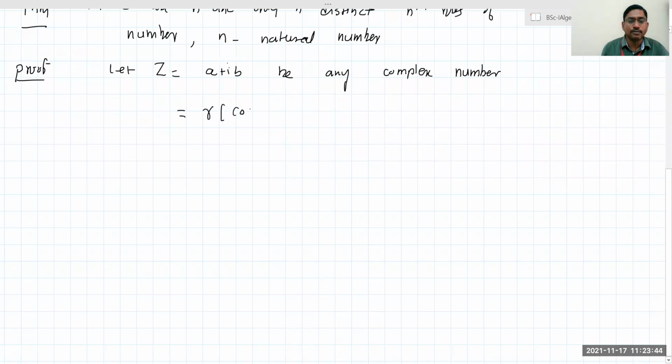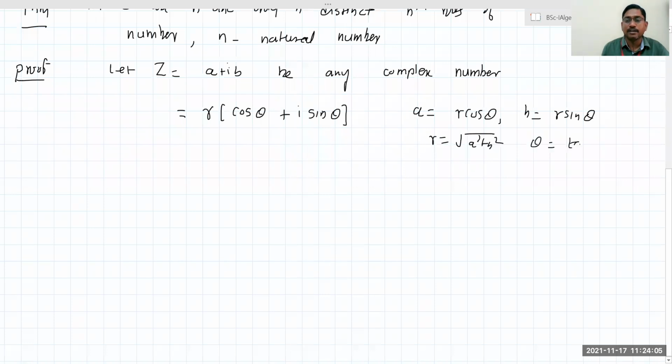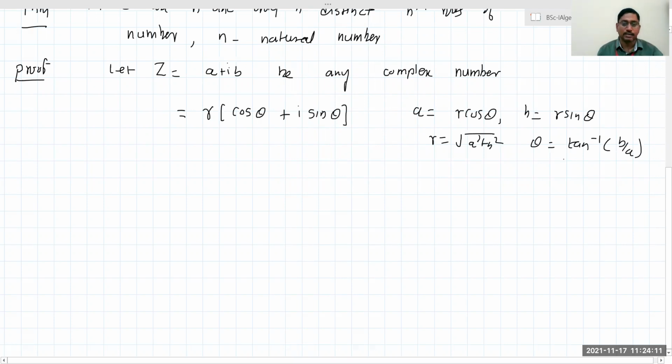So a is r cos theta and b is r sin theta. What I have written is a equal to r cos theta and b equal to r sin theta, and r is the square root of a square plus b square, that is the modulus of that complex number, and theta is the angle made with the x-axis in the anti-clockwise direction.